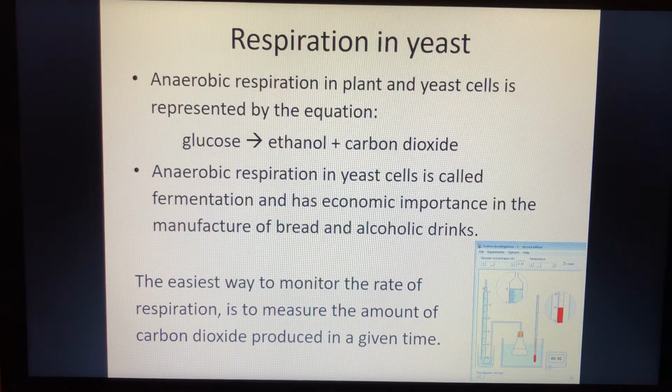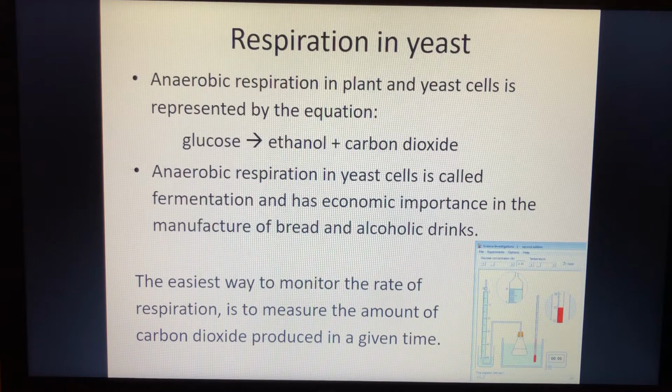The ethanol is used to make alcoholic drinks, the wines, the beers, the spirits, and the carbon dioxide is why we use yeast in bread, causing the bread to rise. The bubbles in the bread are bubbles of carbon dioxide. So we've got two really important functions for jobs that we create and products that we make.